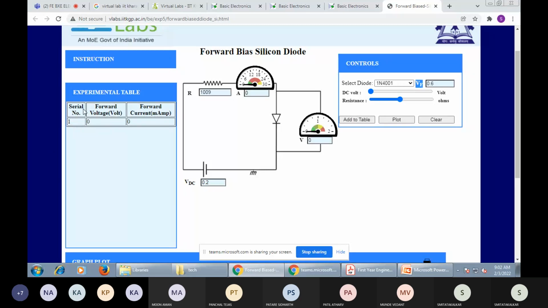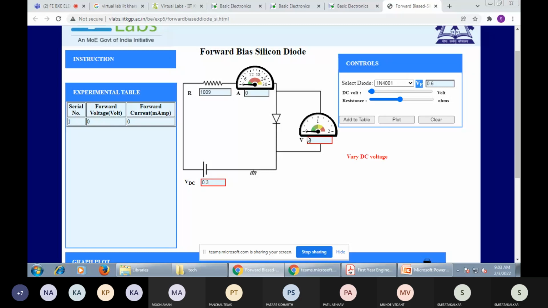On the left side of the circuit diagram is the experiment table, serial number, forward voltage is 0. Here it is displaying 0 for the forward voltage and the forward current. Current is 0, voltage is also 0. Then you can increase the DC voltage some more. This is varying the DC voltage to 0.3.